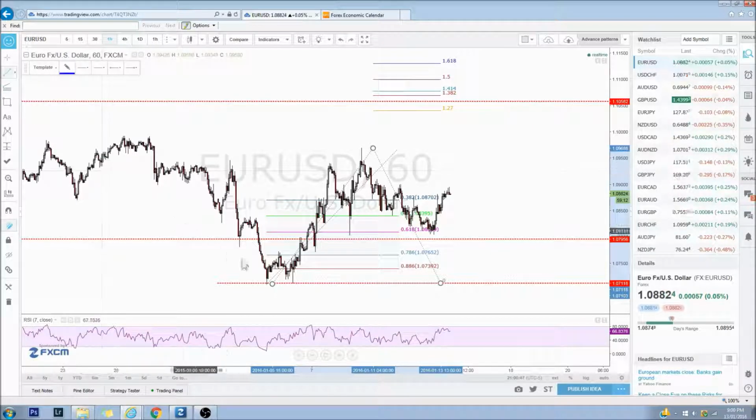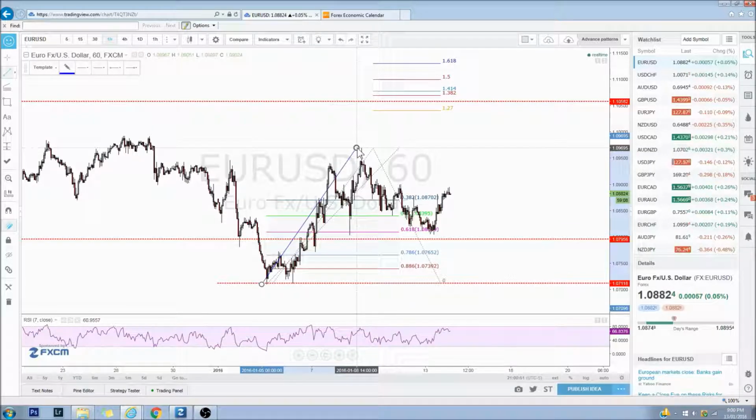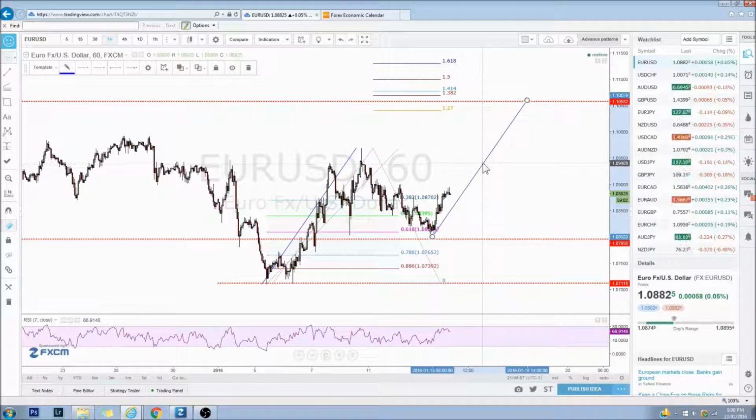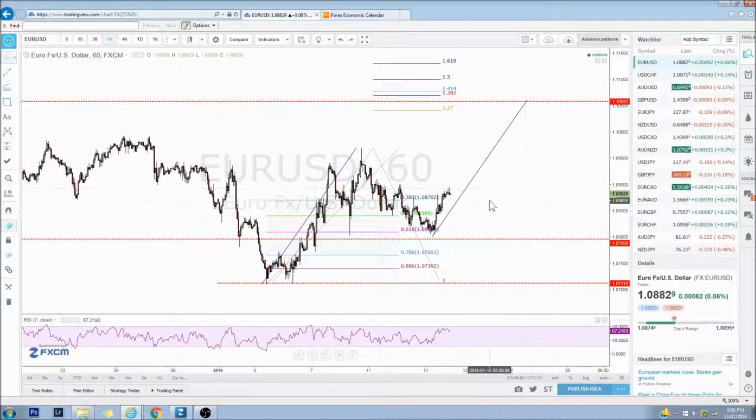The good thing to spot on this is a nice one-to-one harmonic move. So you like to see the AB equaling CD.